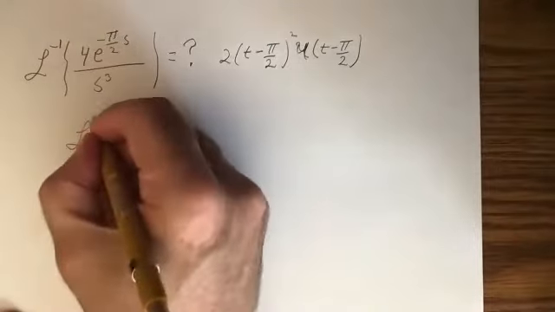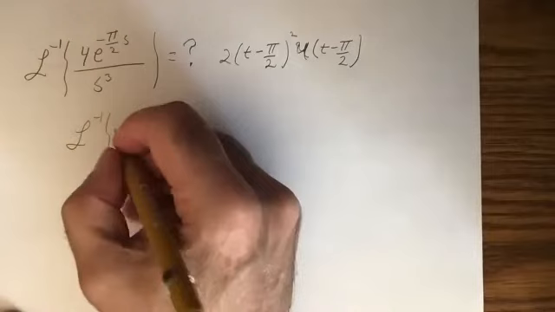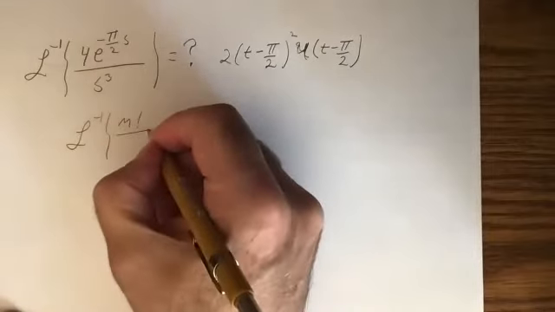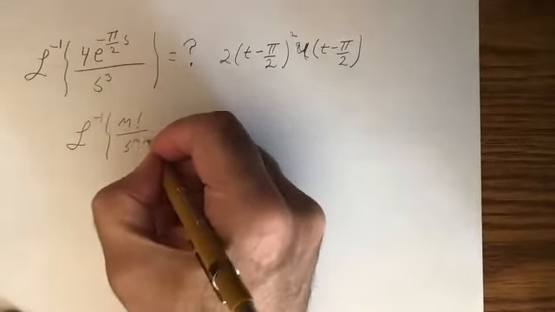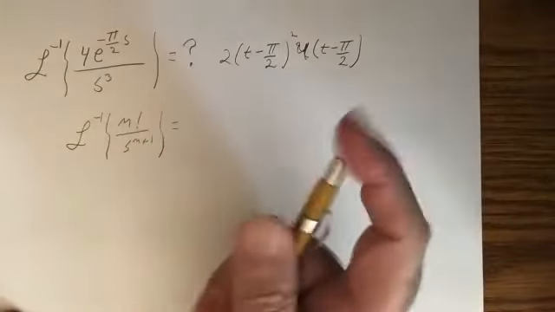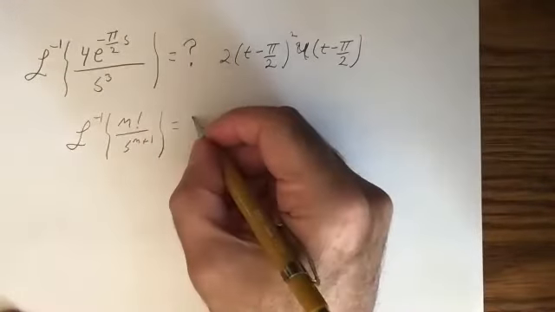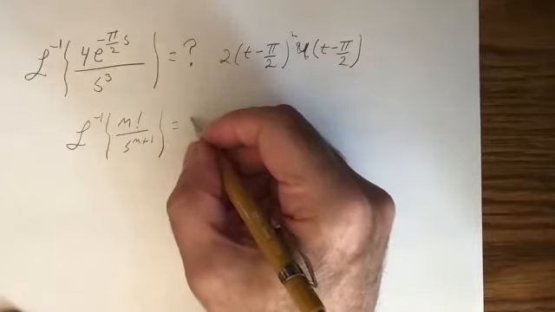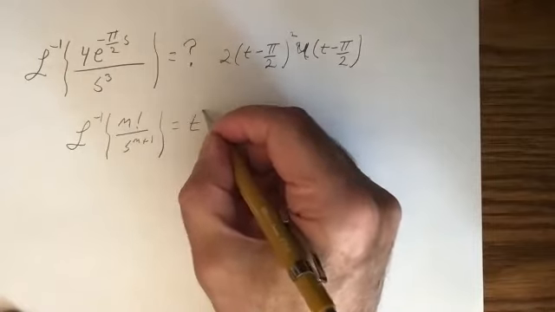Remember now, the inverse Laplace transform of, there's another form for this too. This will be t to the n.